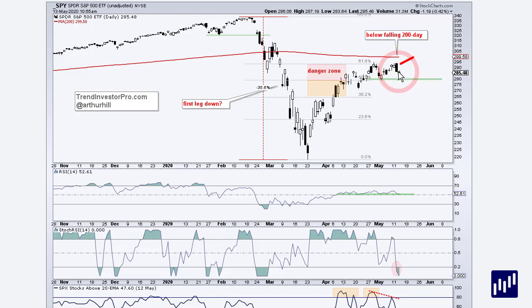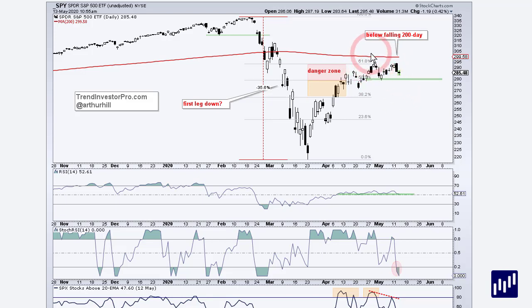And then you have a decline during the day, and the close of that black candlestick is below the open of that candlestick. Now, in contrast, an outside reversal day happens when the high is above the prior high and the low is below the prior low, and you have this reversal from a strong open to a weak close. So it's also an outside reversal day because you're completely outside that prior high-low range.